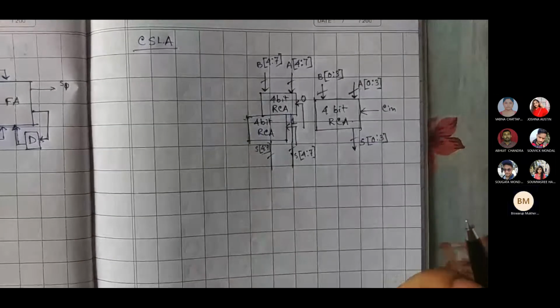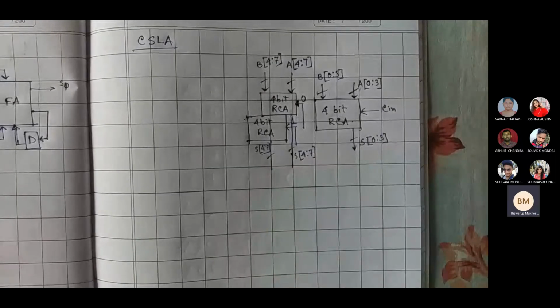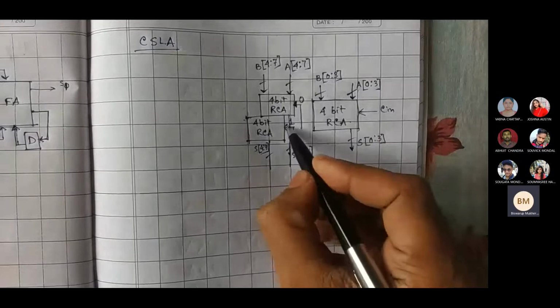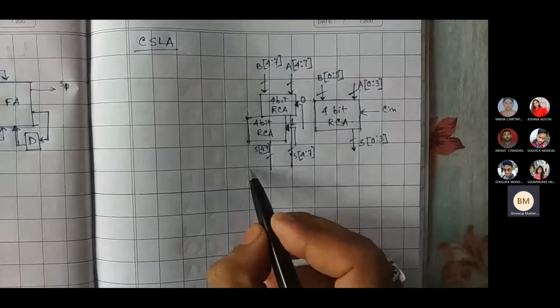The difference is that here we are taking 0 as our input for C in, and here the C in has been taken as 1. So this is the only difference we have.